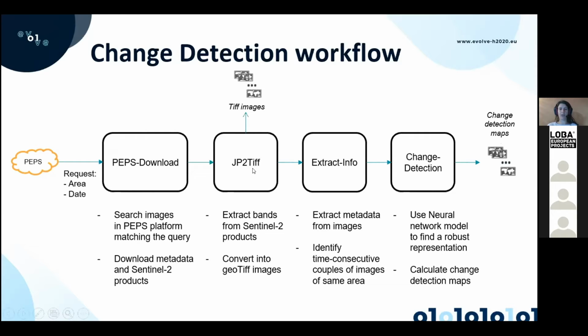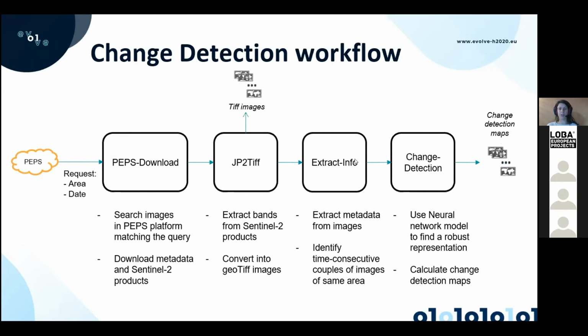The second module consists in extracting the bands of interest in each product to concatenate them, maybe also resize them if the bands are not in the same spatial resolution, and to convert them into GeoTIFF images.